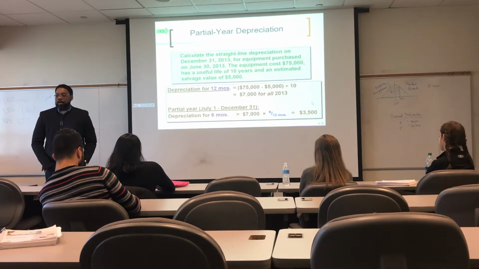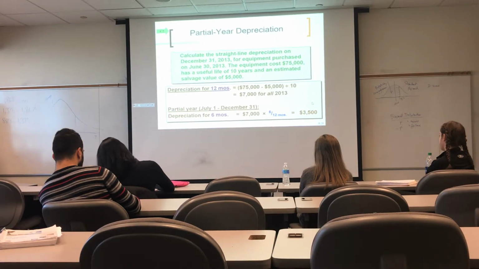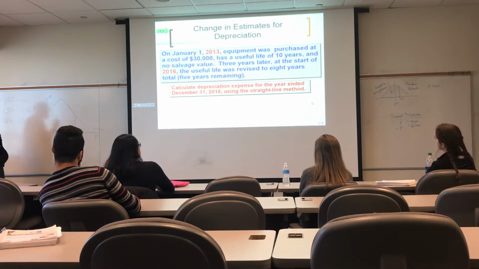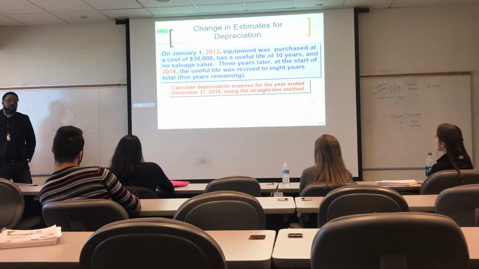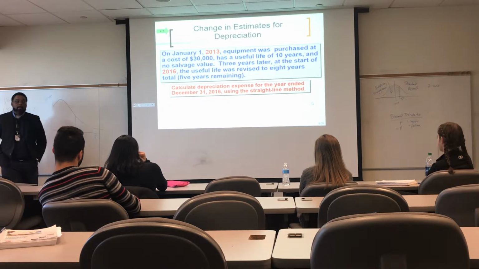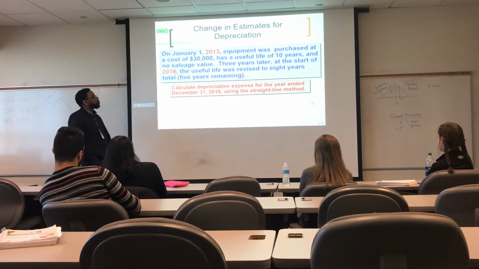Does everybody understand the concept? Okay. Changing estimates of depreciation. Sometimes you will change your estimate in the middle of depreciating an asset. For an example, on January 1st, 2013, equipment was purchased with a cost of $30,000.